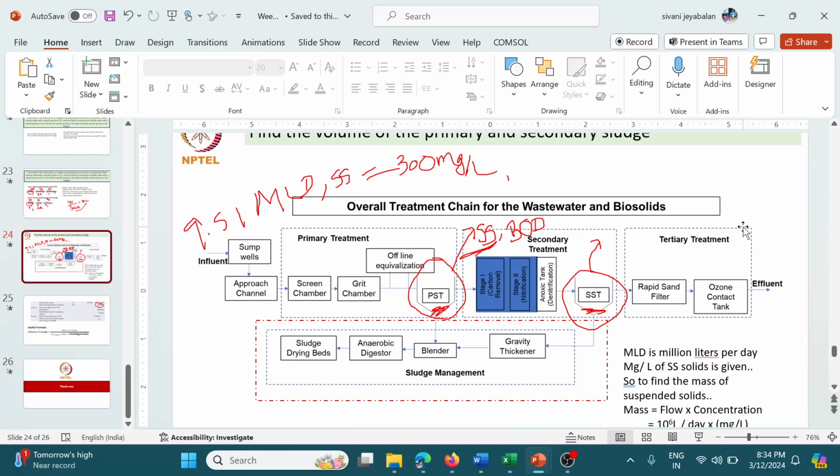Yeah, you are correct, Bhupender. Ma'am, is this 70% fixed for every primary treatment process? No, it can vary, depending upon the chemical used. It varies. For my design, I have assumed it as 70%.